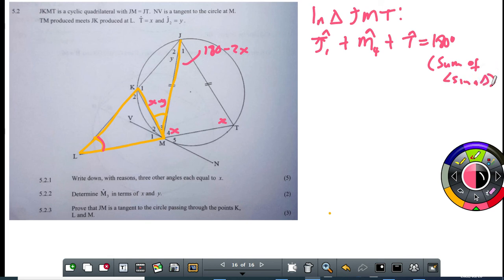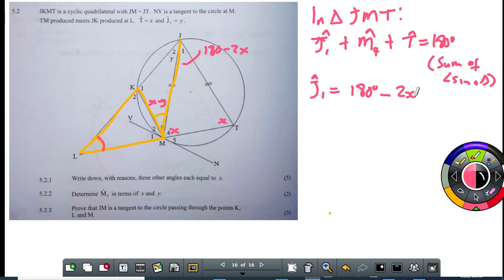My J1, that's the one I want to calculate. So J1 is going to be 180 minus 2x, because M4 is x, so that will be that. Okay? I'm done now with the first part. I'm not finished. The goal is to prove that L2 is equal to x minus y. If I manage to prove that angle L is equal to x minus y, then I'm done.